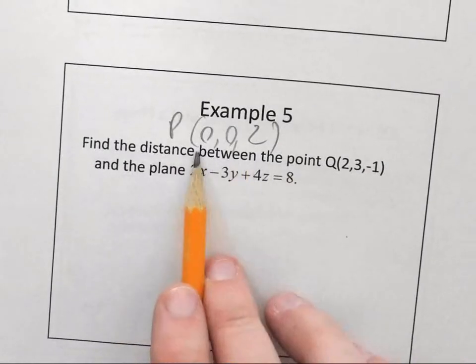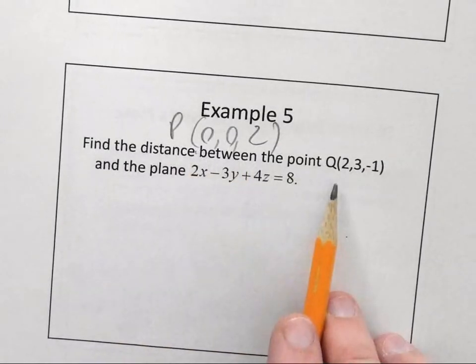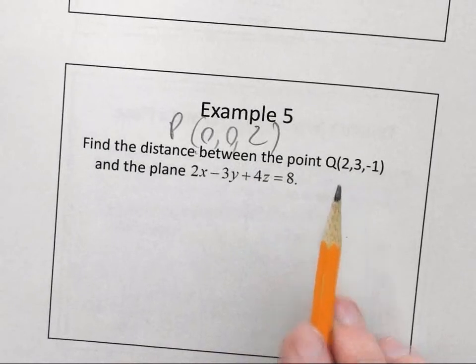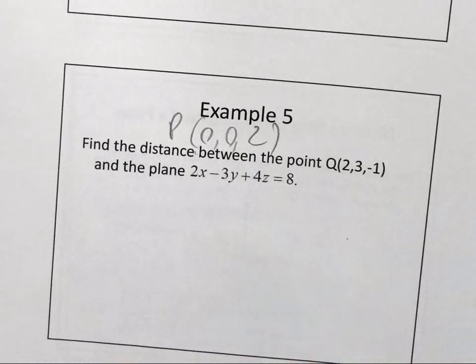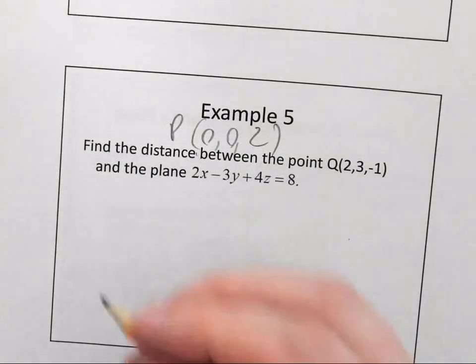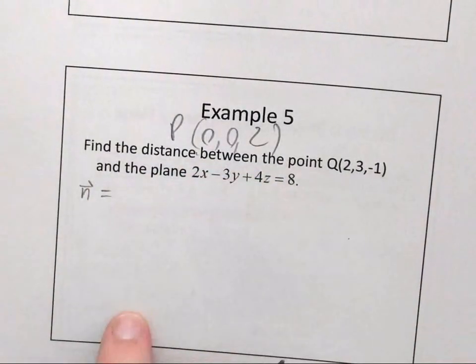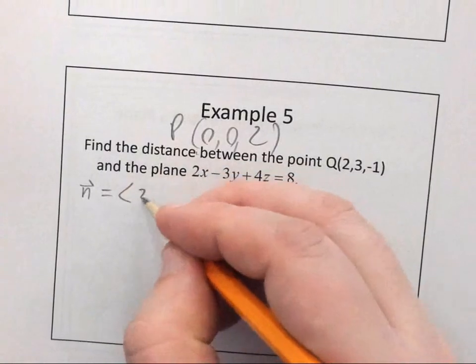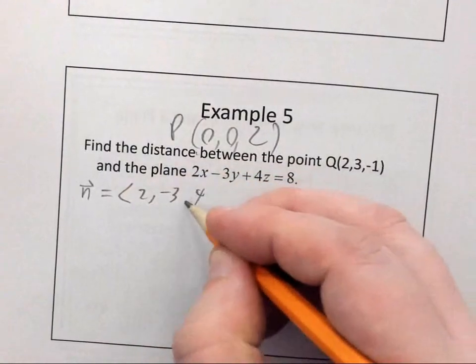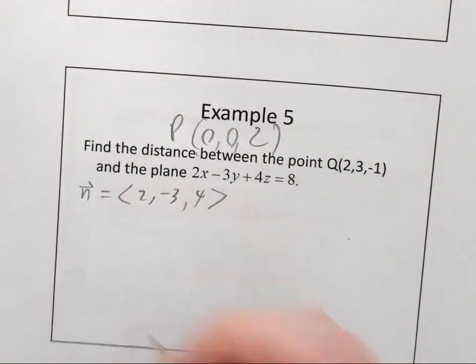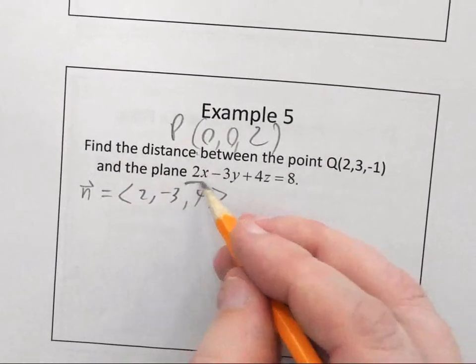What I'm visually doing is drawing a line from P to Q, and then finding the distance with that projection. Formulaically, I need to find a normal vector. Well, what's the normal vector for this plane? Yeah, just those coefficients, 2, negative 3, 4. And then, yeah, it's just these coefficients.